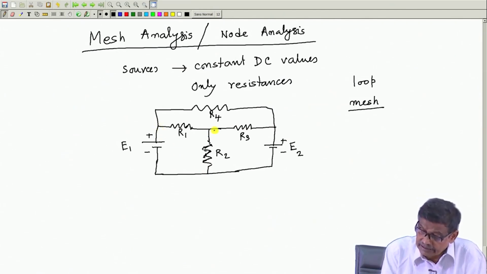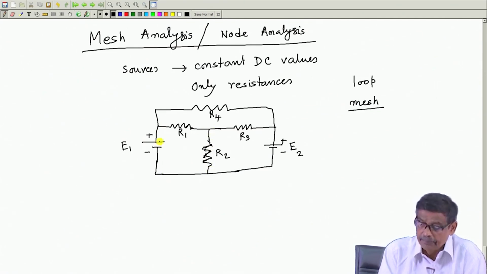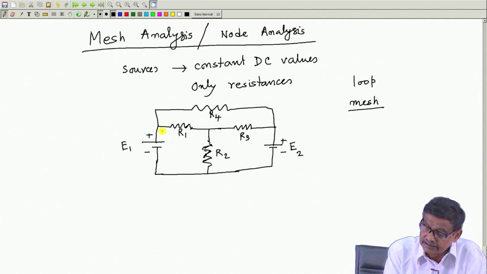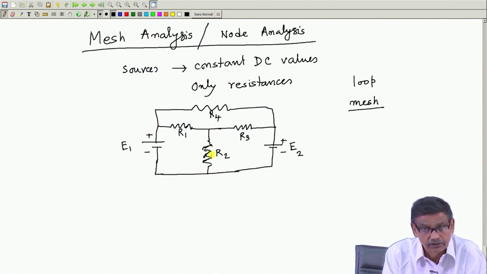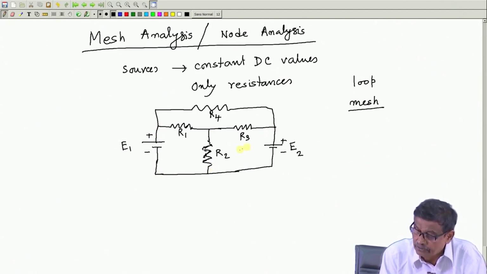and when such a thing happens, then we say this is a mesh. For example, this is a closed loop, but it is a mesh. Similarly, this is a mesh within which there are no sub loops. Similarly, this is a mesh. But is the whole thing a mesh?